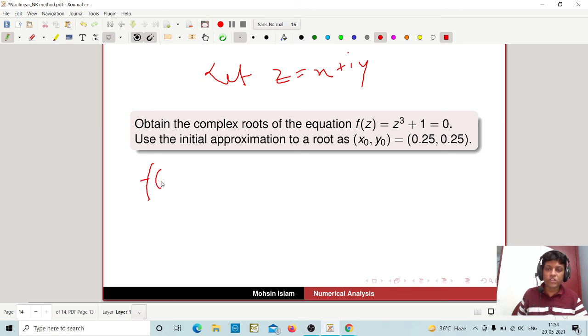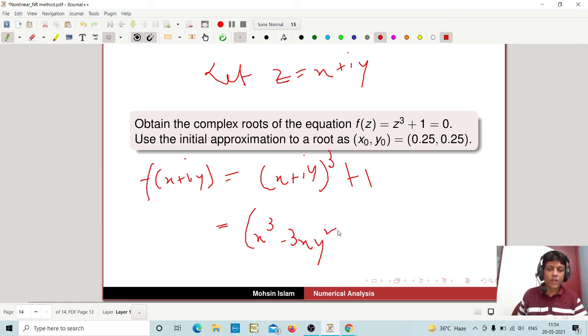So your f of x plus iy would be (x plus iy) whole cube plus 1. If you simplify, the real part will be x cube minus 3xy squared plus 1, plus i times (3x squared y minus y cube), equal to 0.